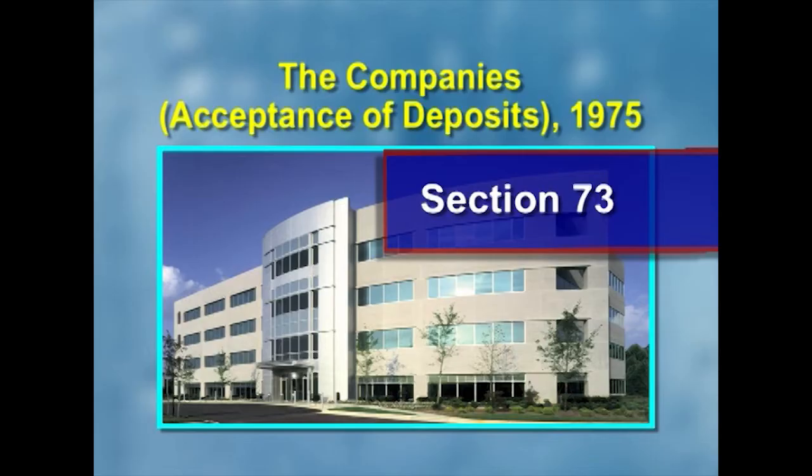These rules also contain provisions relating to repayment and renewals of deposits accepted by companies before 1975. The provisions of Section 73, however, do not apply in case of banking companies or such other companies as the central government, in consultation with the Reserve Bank of India, may notify.